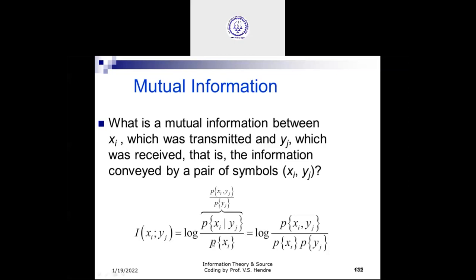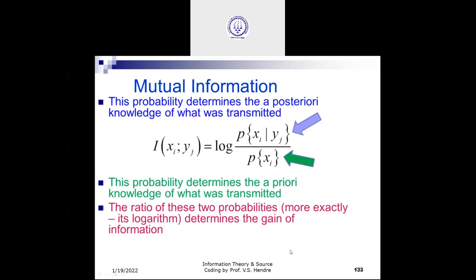Now we know that p of xi given yj we can write in terms of joint probability as p of xi comma yj upon p of yj. By simplifying it, I get log of p of xi comma yj divided by p of xi into p of yj. Further, the definition has given me I of xi semicolon yj as log of p of xi given yj upon p of xi.